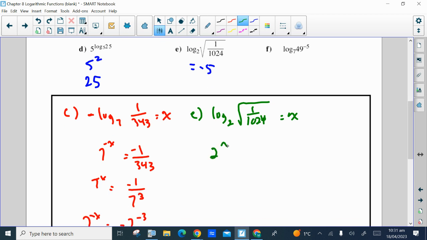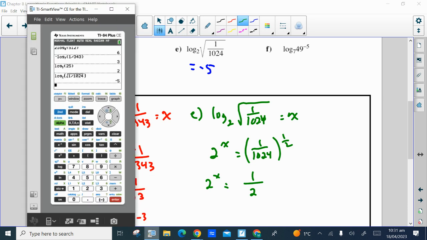It would be 2 to the power x equals the root of 1024, which we can write as 1024 to the power a half. That's what square root means. I can make the bases the same by writing 1024 with a base of 2. I think that is 2 to the power 11, I think.